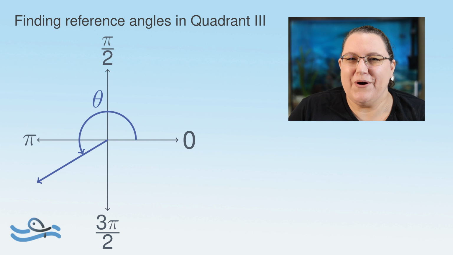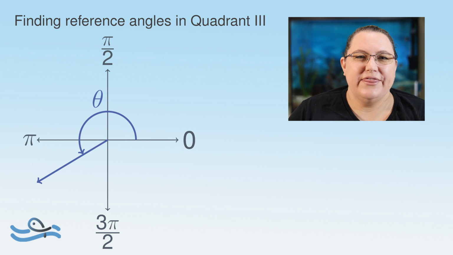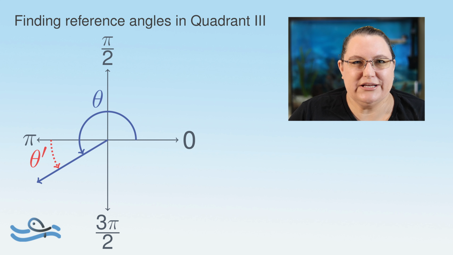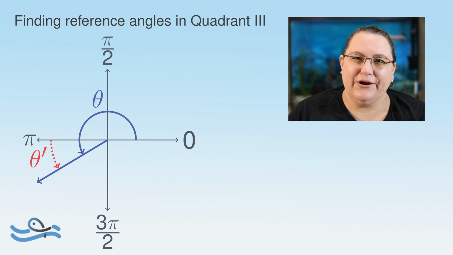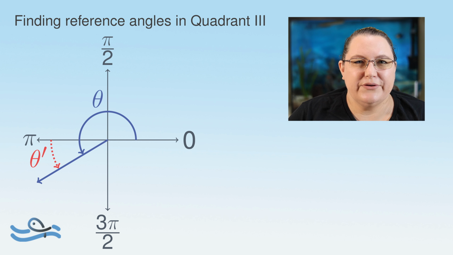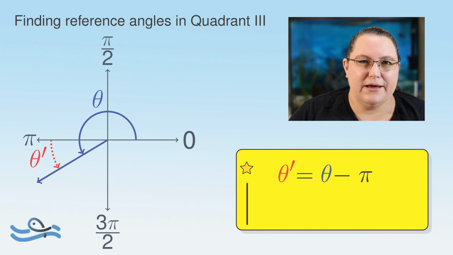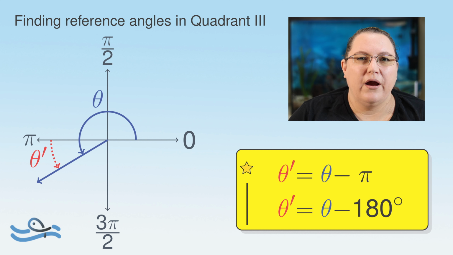And if theta is in quadrant 3, between pi and 3 pi over 2, then theta prime, our reference angle, is in the location pictured in red here. To calculate theta prime, I'm going to take my original angle and subtract pi, or my original angle and subtract 180 degrees.